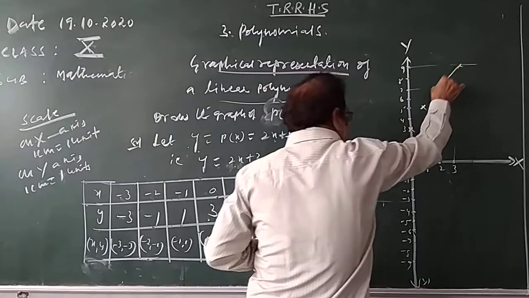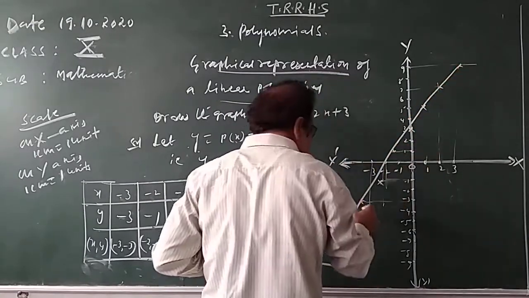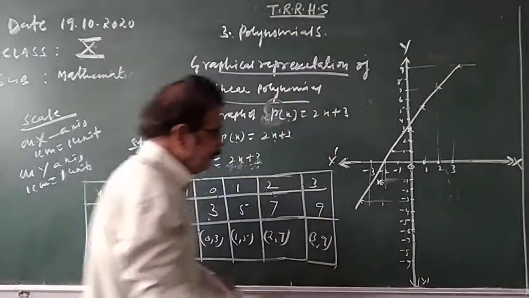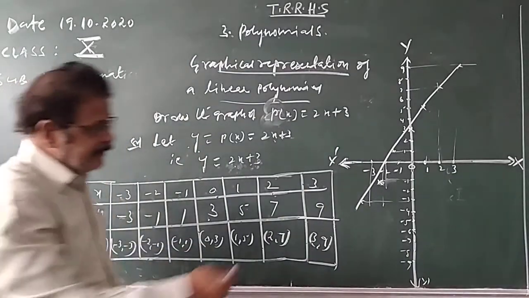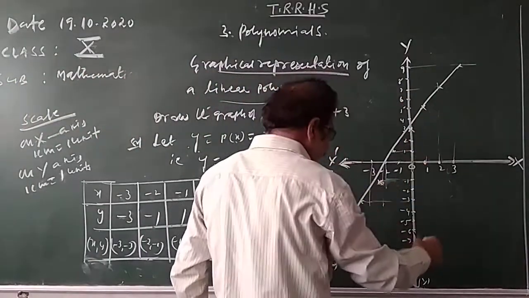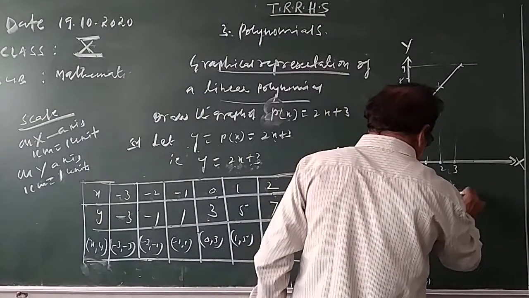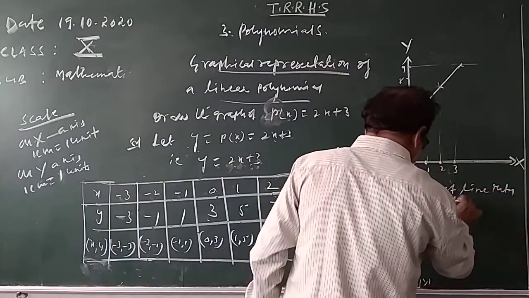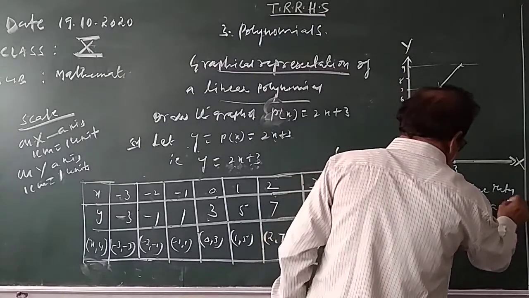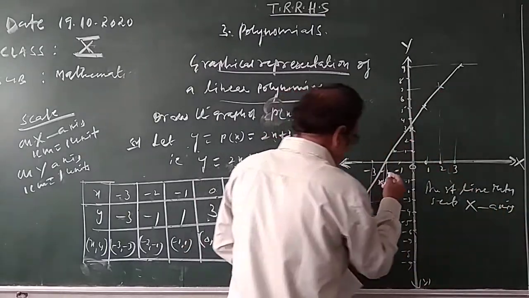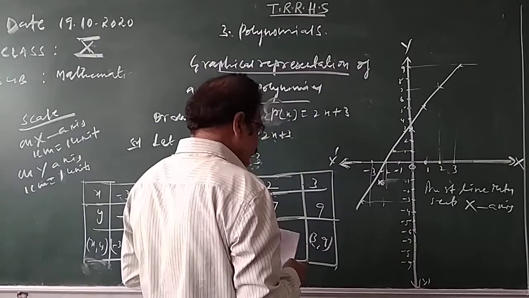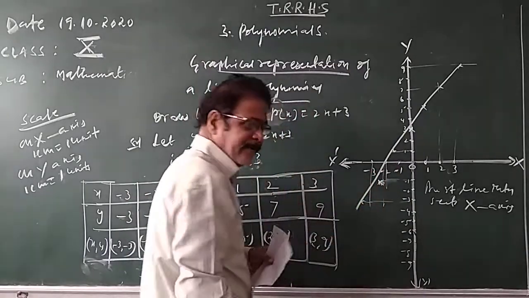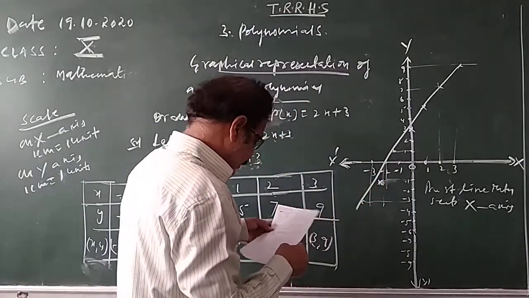Joining these points, we get a straight line. The straight line joins all these points. Where does it intersect the x-axis?